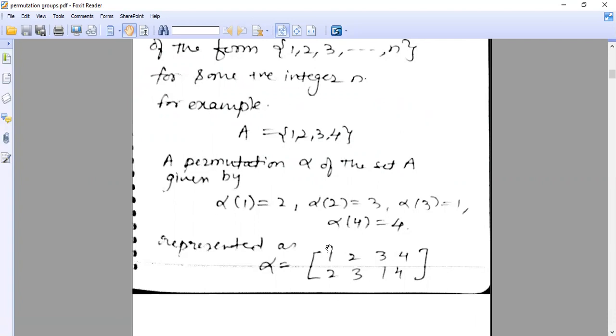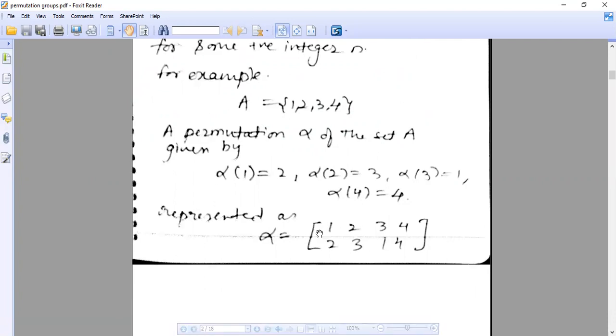So this is called the array form of the permutation. In this array form, we just write all the elements of the set A in the first row, and the images are written just below these numbers. So image of 1 will be below 1, image of 2 will be below 2. Image of 1 is 2, so this 2 will be written below 1.